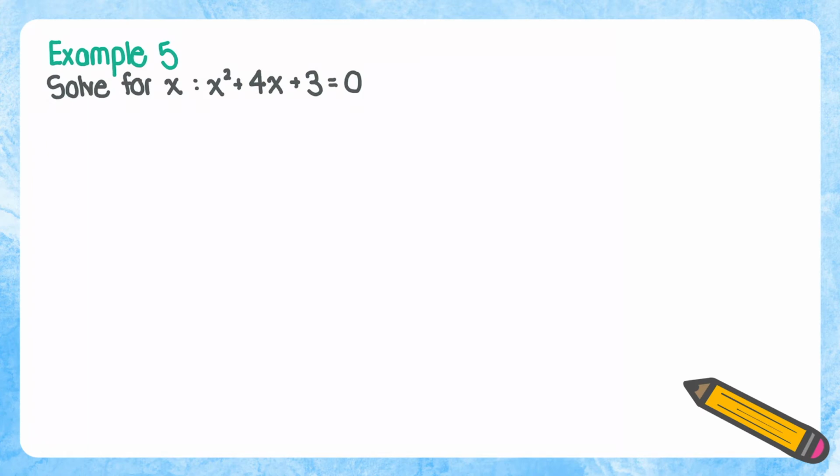For this next example, notice that we don't exactly have a product yet. It's equal to 0, but it's not a product. It doesn't look like something times something equals 0. But recently, we learned how to factor using the method of exhaustion, and this is where it comes into play.